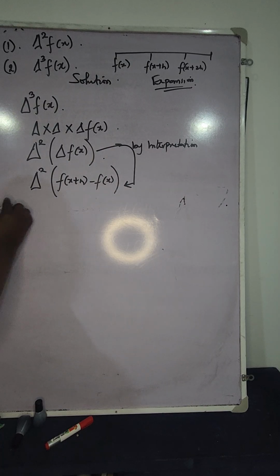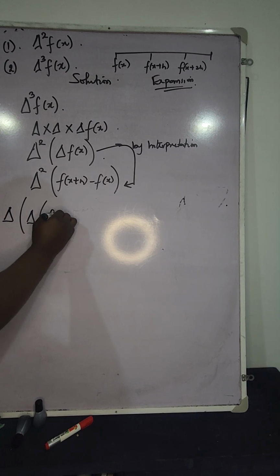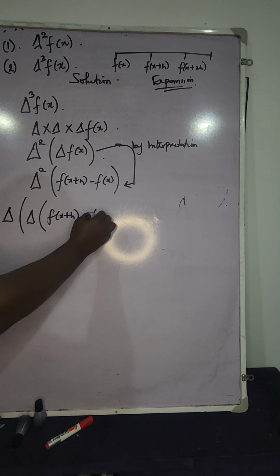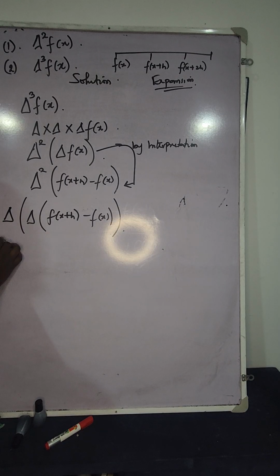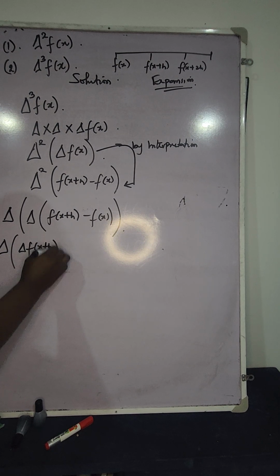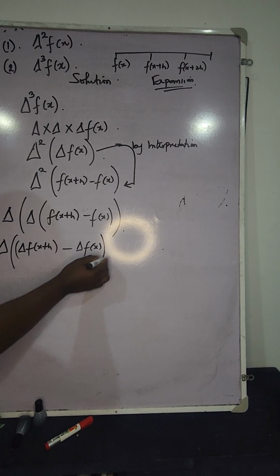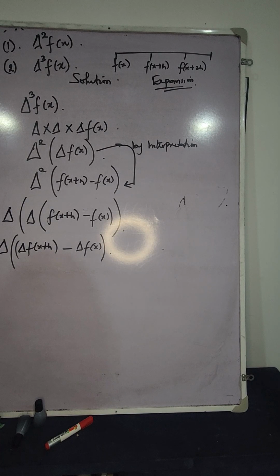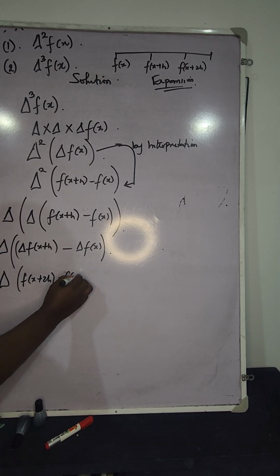So again, this means the forward difference of f of x plus h minus f of x itself. Did you see that? So this means the forward difference into the bracket of the forward difference of f of x plus h minus the forward difference of f of x itself. Right? Good. So this means the forward difference into the bracket f of x plus 2h minus f of x plus h.